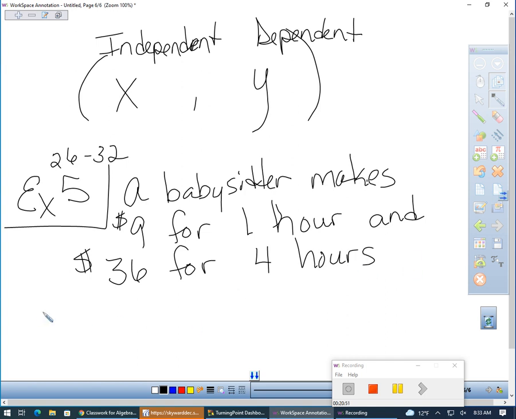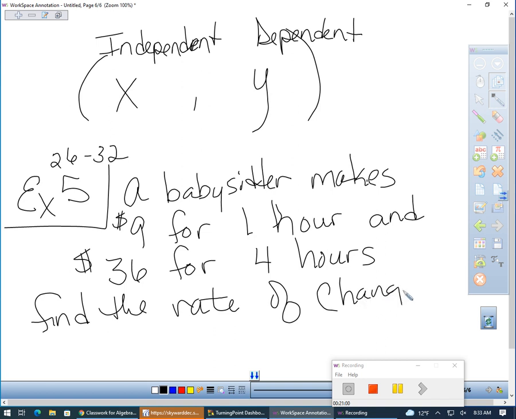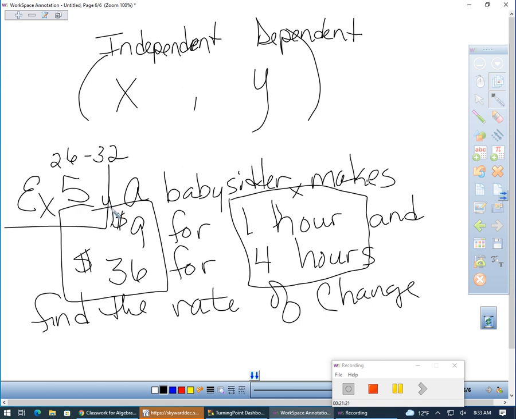Find the rate of change. So, we need to talk about the dollars and the hours. Which one is independent and which one is dependent? Time is always independent. You guys are right. So remember, the time is actually going to be our X values, and that means our money is going to be our Y values. Very good.